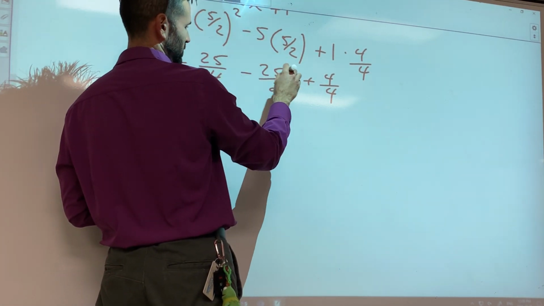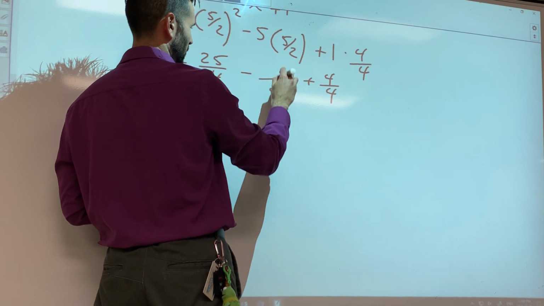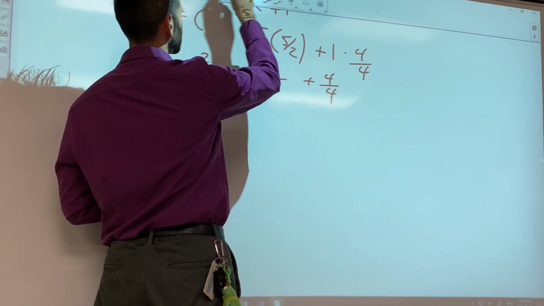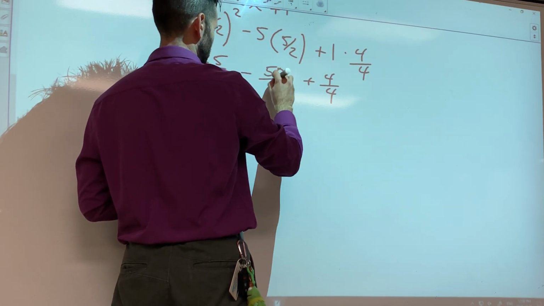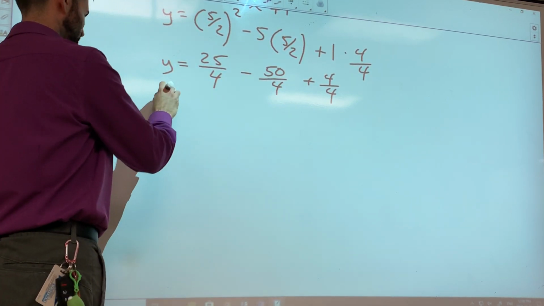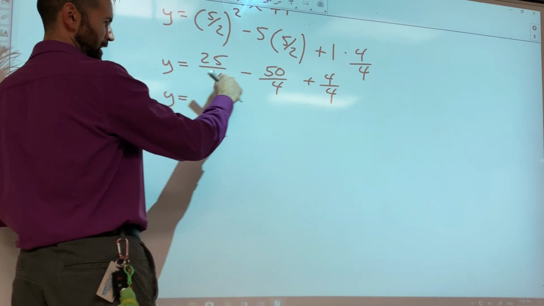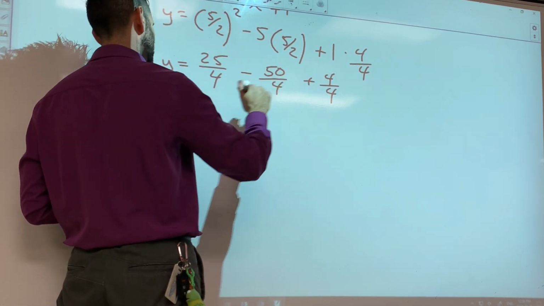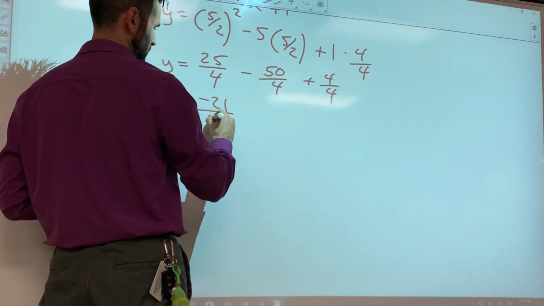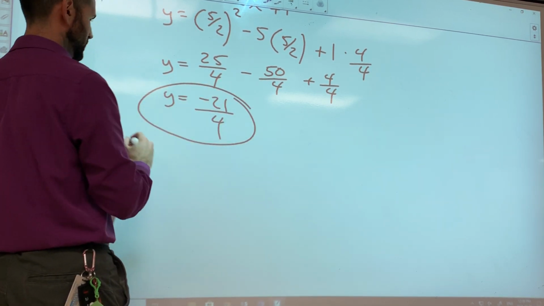It's 50, right? Just multiply it by 2 over 2. So you'll get 50 over 4. So now I've got the same common denominator, so 25 minus 50 is negative 25. Add the 4, I get negative 21 over 4. And now I know my vertex.